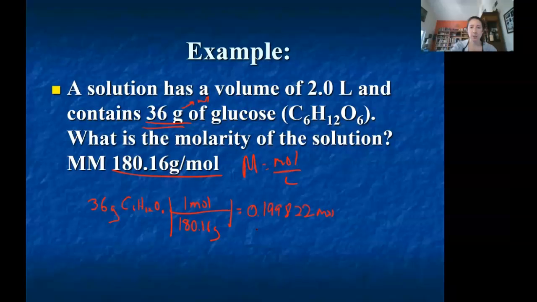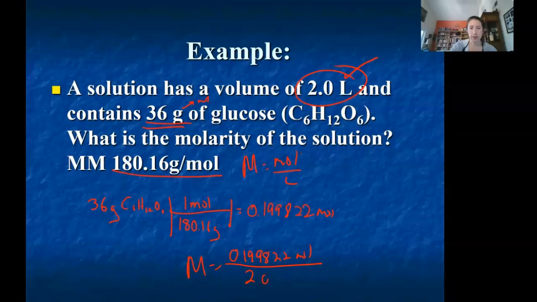And then again, it's moles over liters. Over, this is in liters, check, so we can just use 2 liters. And when we do this, we get 0.10 molar.